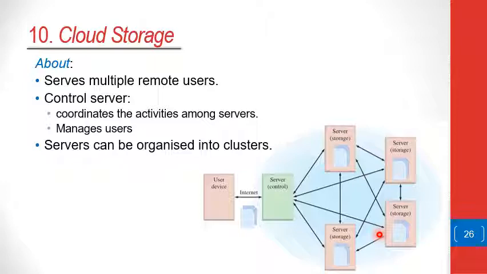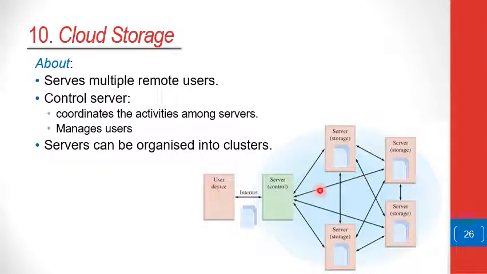So typically some of the servers would tend to be organized as clusters. So you would have a control server giving a single group and another, so multiple groups or multiple clusters for redundancy, so that when one cluster has a problem, the other cluster can take over.